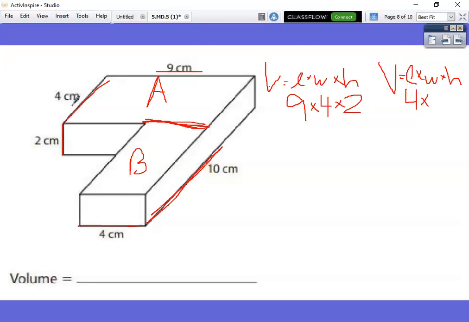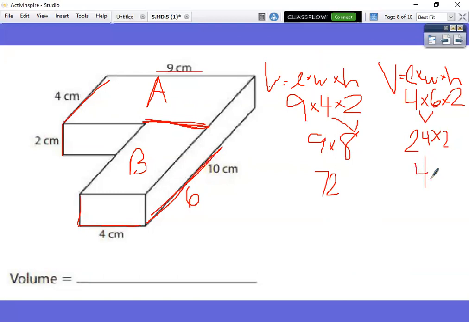I know that the width from prism A was 4, so this has to be 6. And then the height, just like prism A, is 2. 4 times 2 is 8. 9 times 8 is 72. 4 times 6 is 24. 24 times 2 is 48.